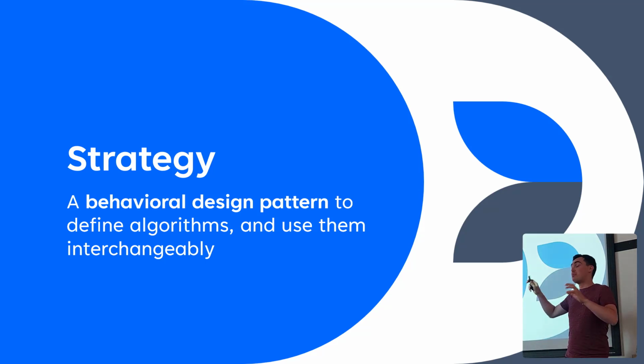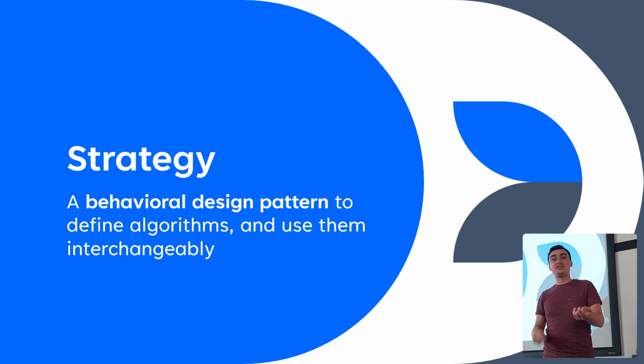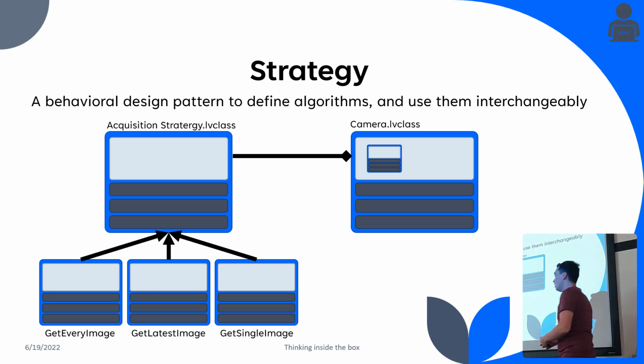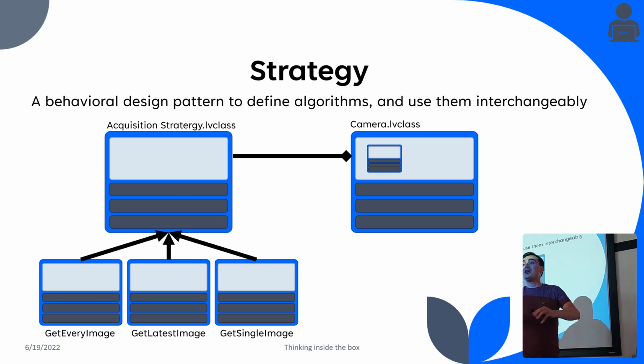So strategy: a behavioral design pattern to define algorithms and use them interchangeably. And so here we have our camera class. The camera needs to be able to acquire images, but there are different ways you can acquire images. You could get every image, get the latest image, get a single image. There are probably more different ways, different algorithms, but these are the three I've gone with.